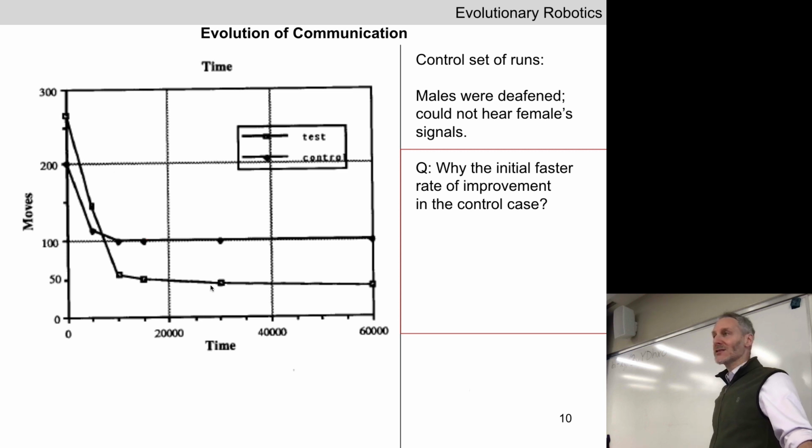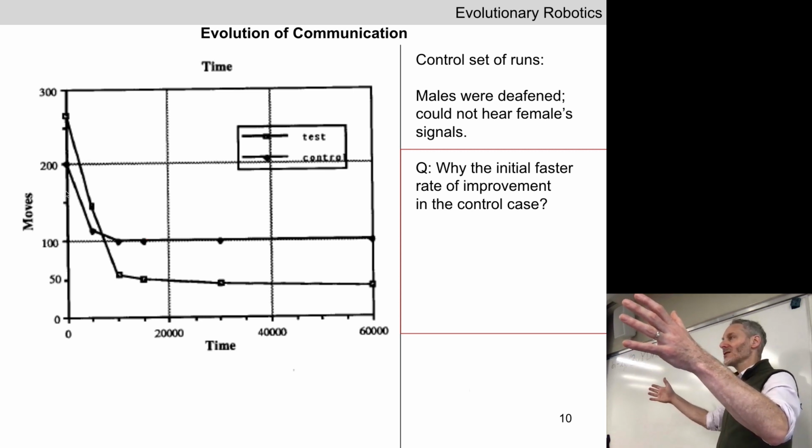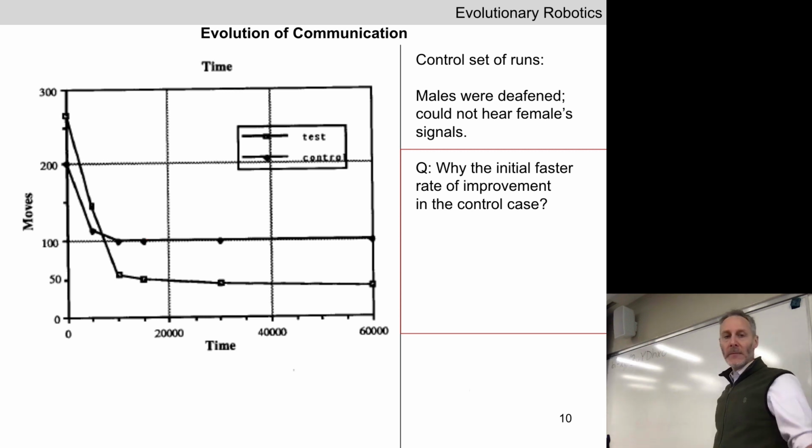So they ran this single simulation for 60,000 time steps. And on the vertical axis, they measured for all 800 males the average time between reproduction events.